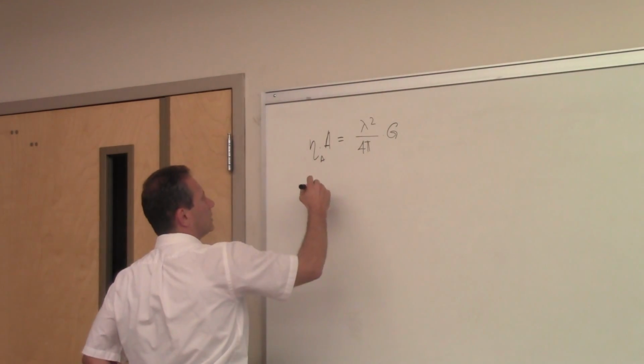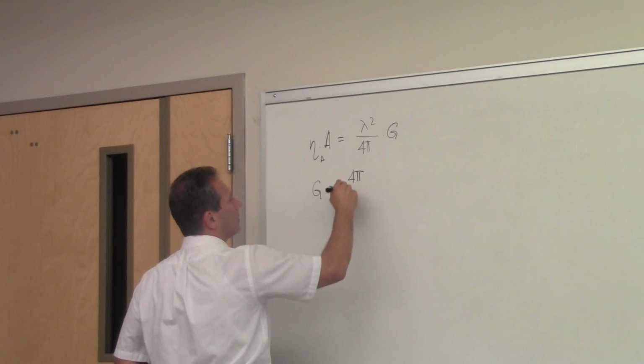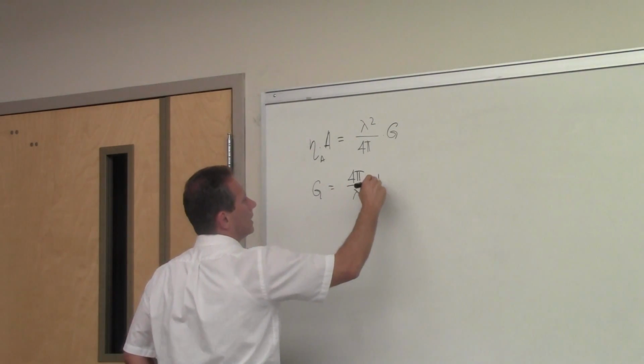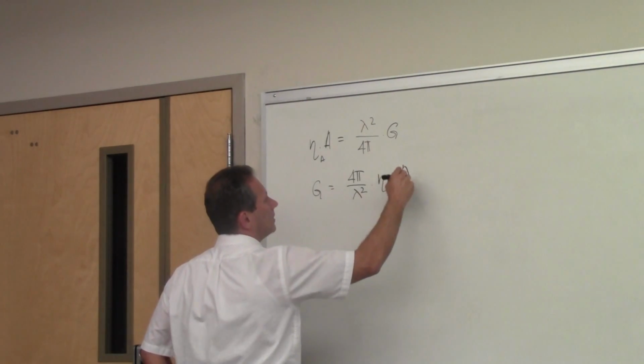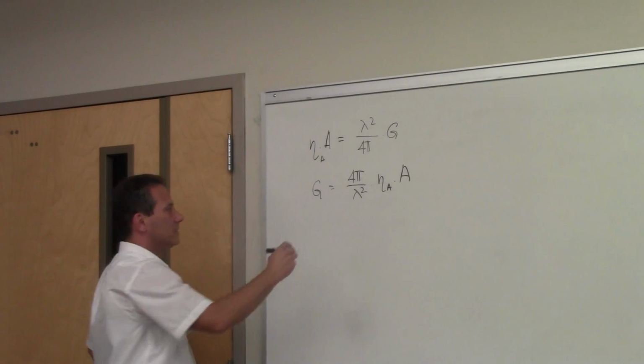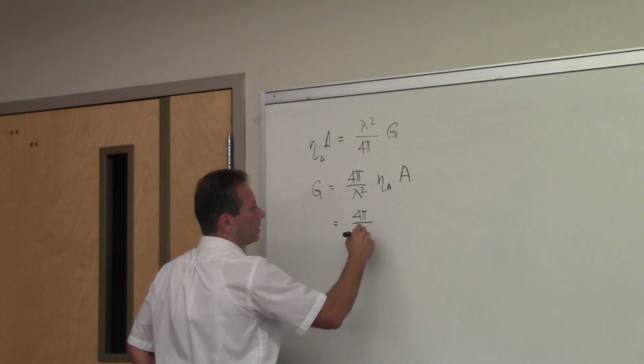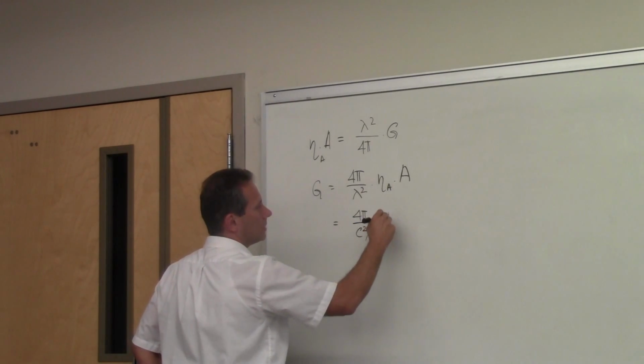If you invert this, you end up that the gain of the antenna is 4 pi over lambda squared times efficiency times the physical size of the antenna. But this can be written as 4 pi c squared over frequency squared times.